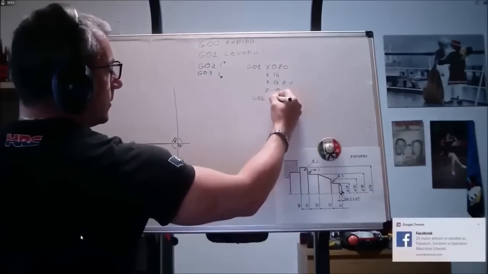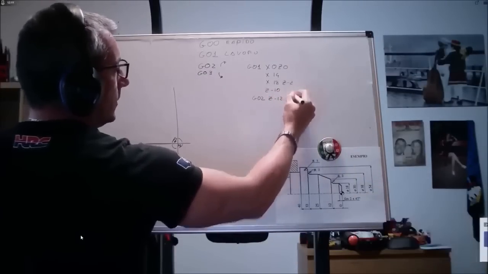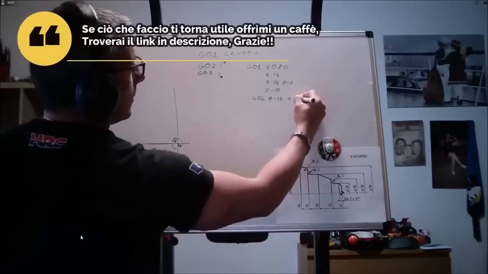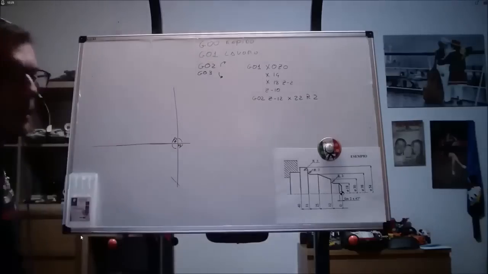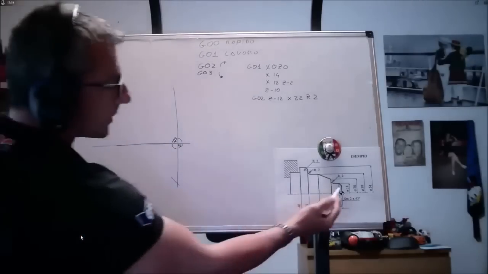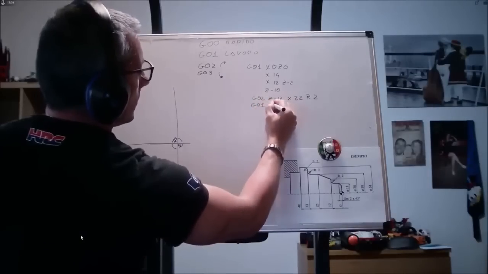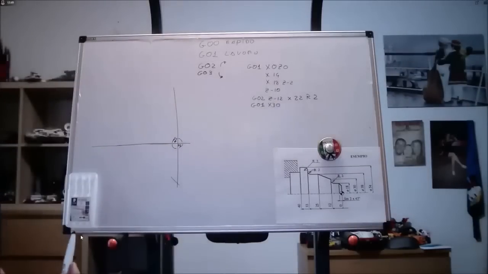Z12. X is not 18, but keep in mind that it's a diameter of 22, radius 2. This is the final point, including the radius of the piece. Now I have to go to x30. If I don't put G1, the machine will again expect a radius, okay?